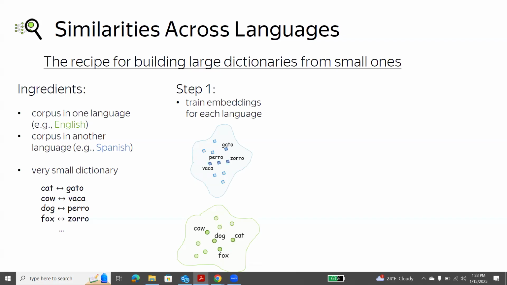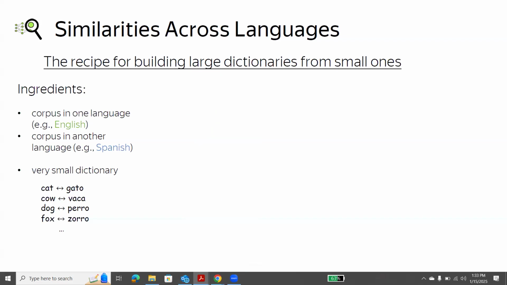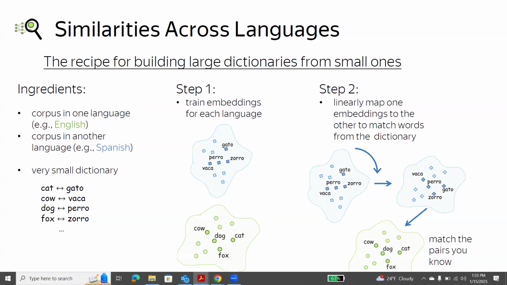So if we train word embeddings for different languages, and then try to rotate somehow the embeddings for one language such that they match a few words, typically 100 words, for example, cat, what, how, I guess, I don't know.